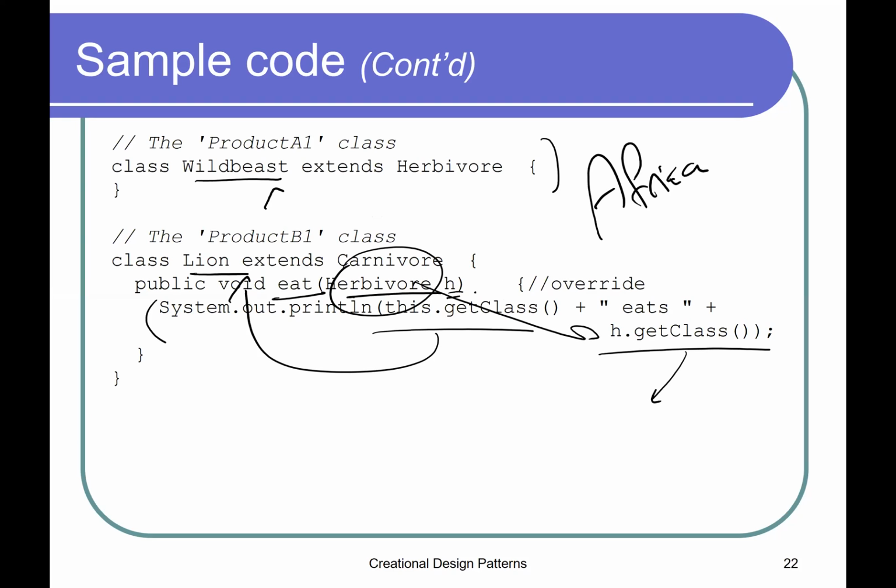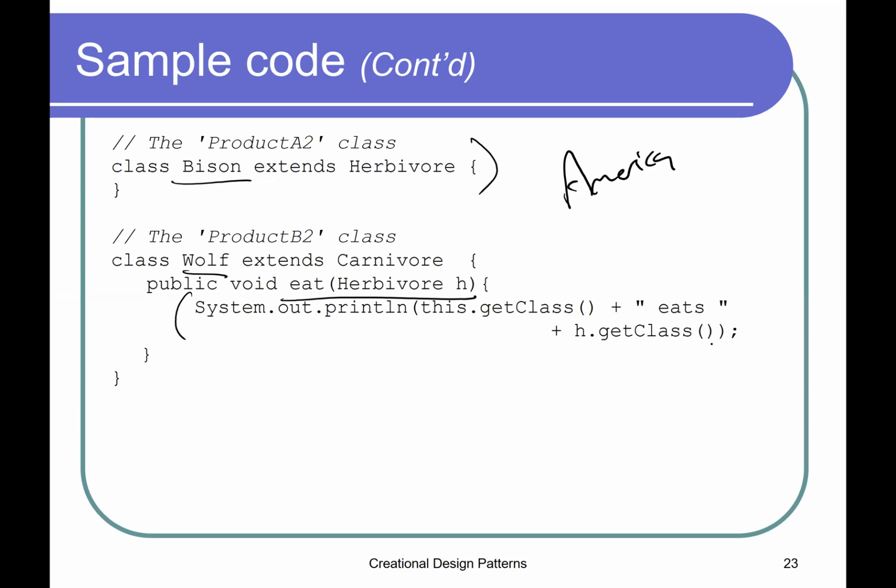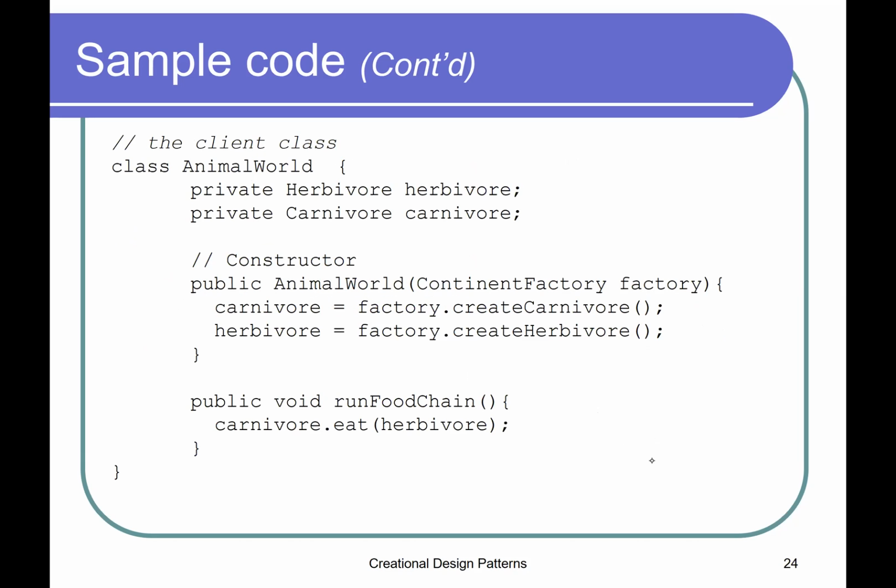And when we actually execute get class, every time for the lion, it's going to be wild beast, and we'll see how. And every time for the wolf, it's always going to be a bison when it prints, and this obviously is going to print wolf. Okay. Type.